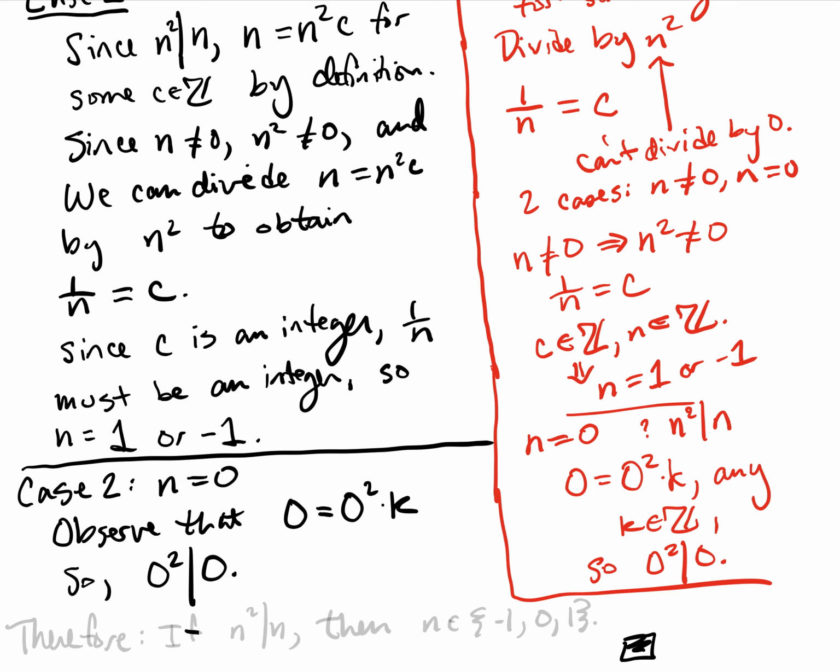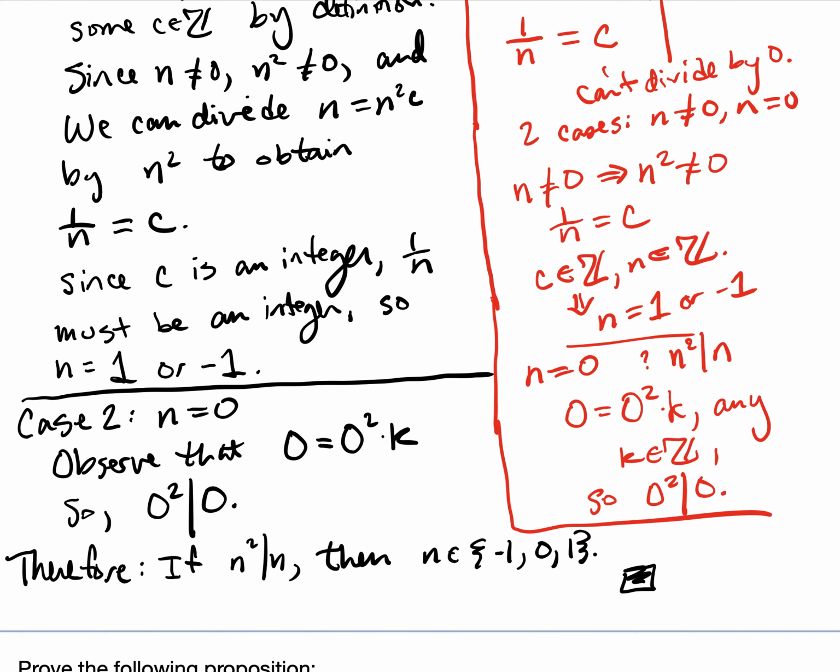Now we've examined both cases and seen that either n is 1 or negative 1, or n is equal to 0. So therefore, the original statement is true: if n squared divides n for an integer n, then n is in the set negative 1, 0, 1.